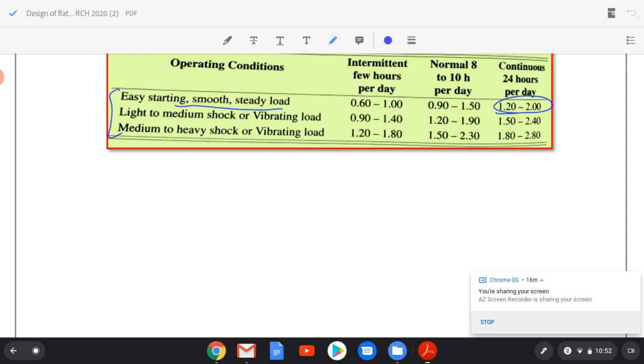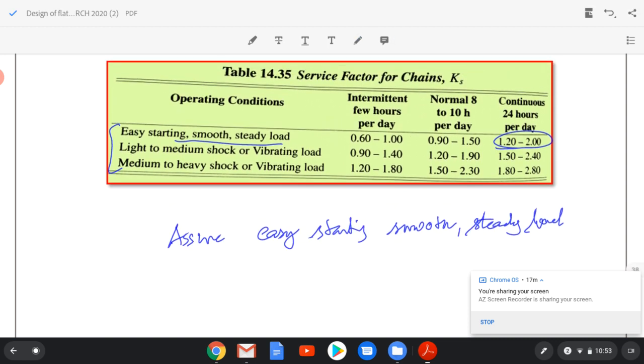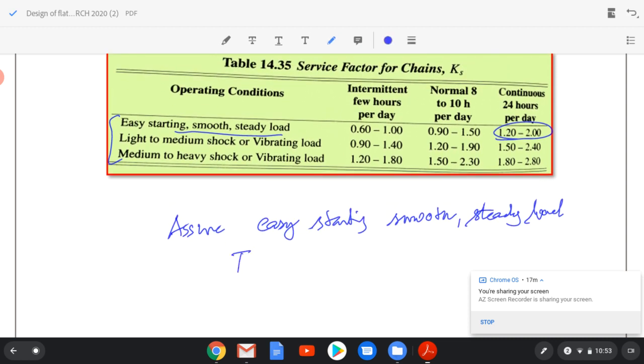I should write this assumption: assume easy starting, smooth steady load, from table 14.35. Assume Ks equal to the mean value in 1.2 to 2, so I will take 1.6. This is our factor for Ks.